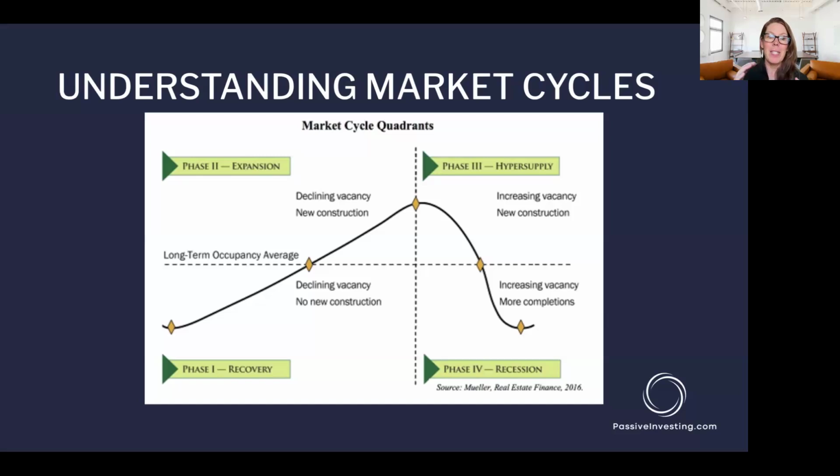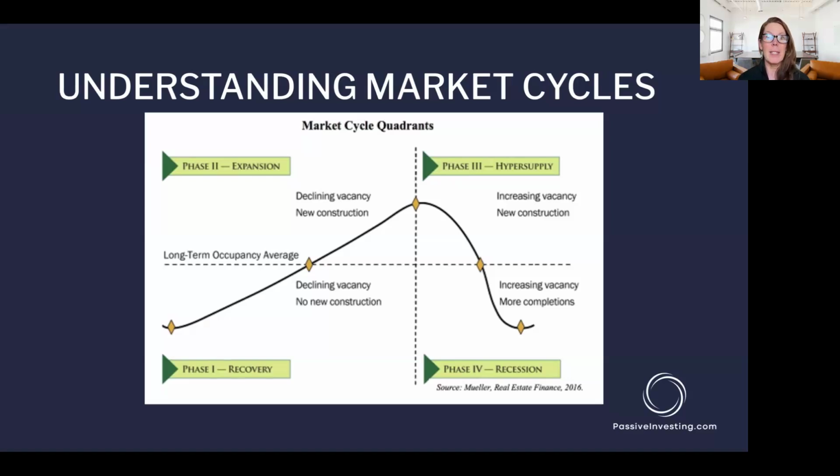Now you might have a recovery and expansion part of the cycle be about 10 years in the case of this last market cycle, but the hypersupply and contractionary period together are not going to be 10 years. Hopefully, okay. They typically are much shorter in time scale. In reality, probably somewhere between 12 to 24 months.